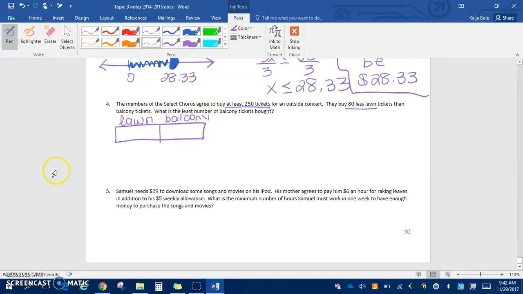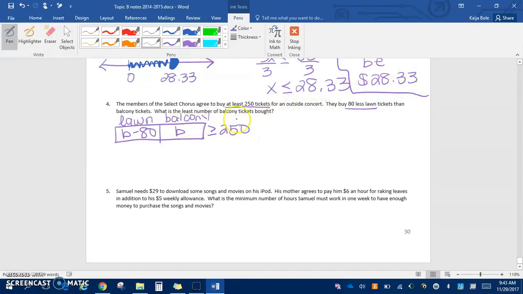Right, we know that they bought 80 less lawn tickets. So we don't know how many balcony tickets, so I'm going to call that B. But we do know that they bought 80 less lawn than balcony. So this would be B, then 80 less, minus 80. And then we know they agreed to buy at least 250 tickets. So that means that this would be greater than or equal to 250.